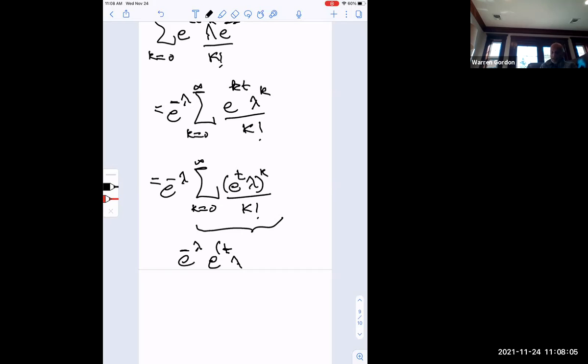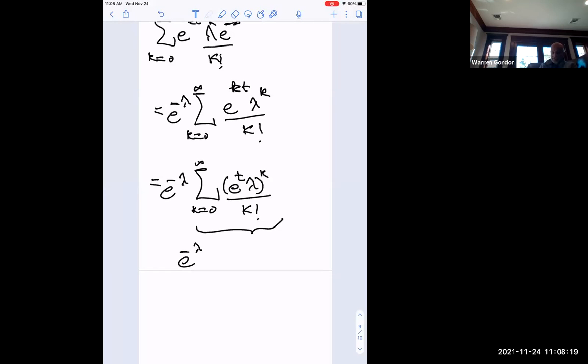Oh, let me write that better. This just becomes e to the lambda, this becomes e to the lambda e to the t, or e to the lambda times e to the t minus 1.